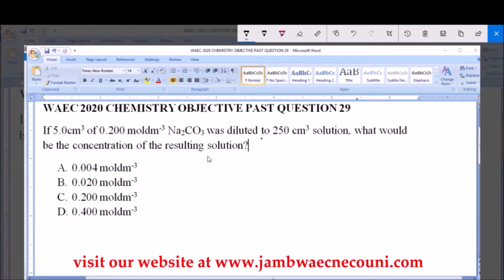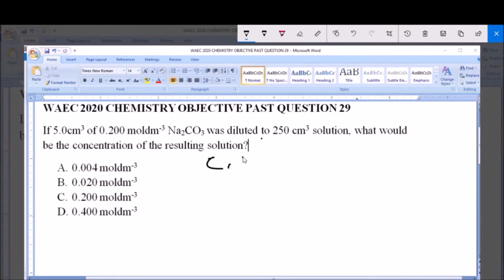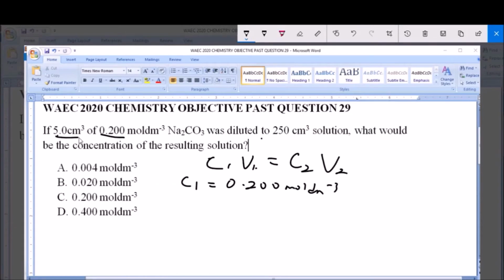So in order to solve this question, you make use of this formula C1V1 is equal to C2V2, which involves you using the initial concentration, that is this 0.200 mole per dm cube, initial volume 5.0 cm cube.